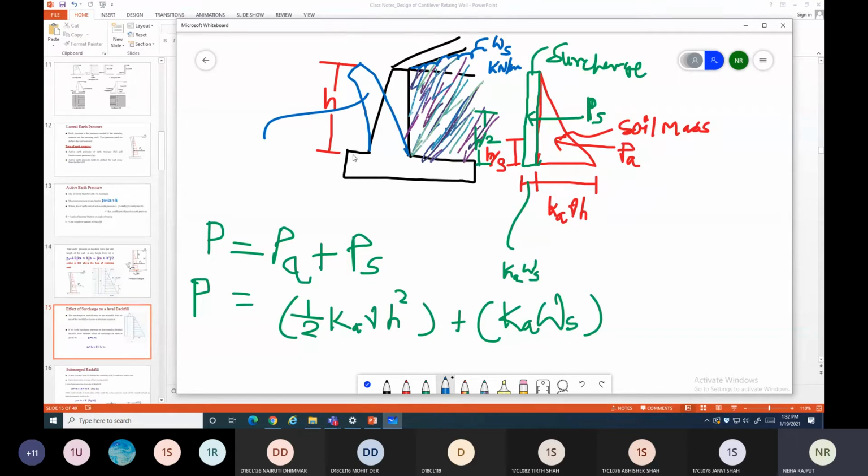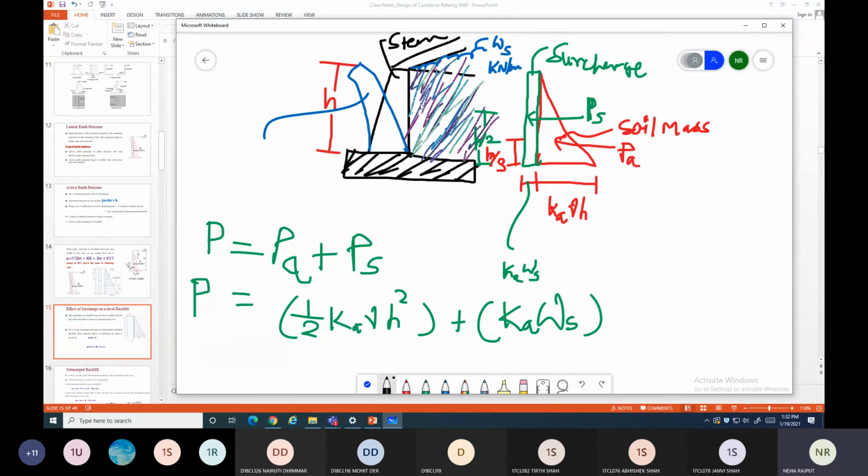This is the same as a cantilever, because this vertical portion is called the stem, and this stem is free at the top side and fixed at the base point. If the load is applied from this side, the stem deflects like this.